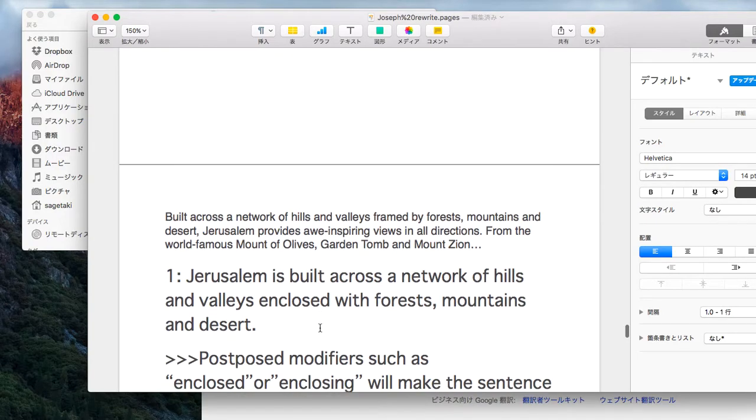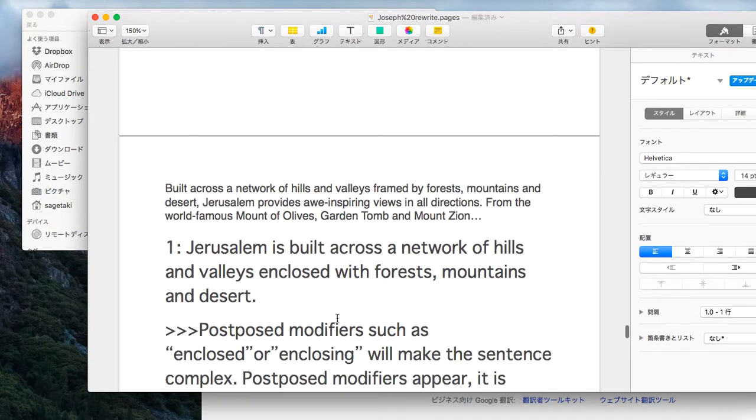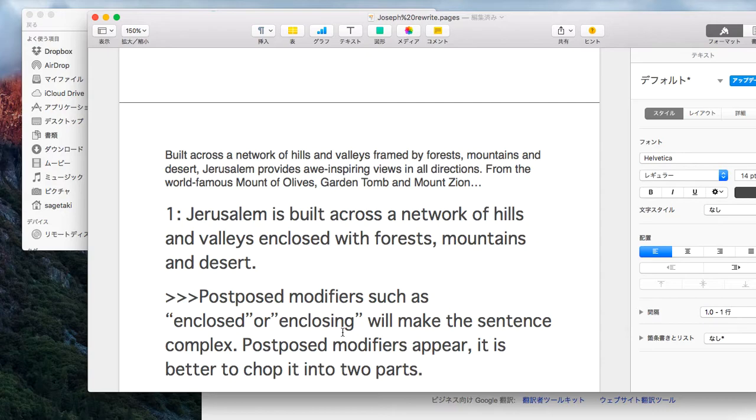Number one, Jerusalem is built across a network of hills and valleys enclosed with forest, mountain, desert. Well, this is very good. But post modifiers, let's take a look at this. Enclosed with forest.